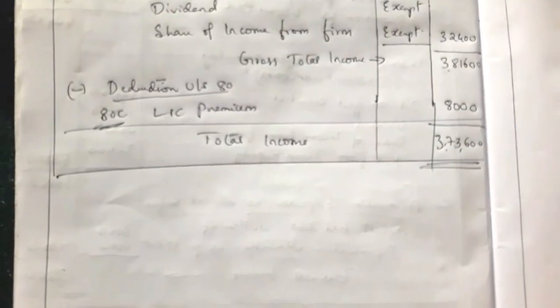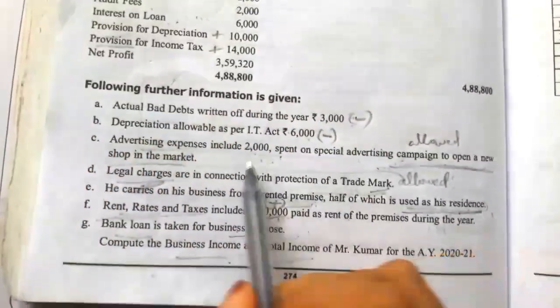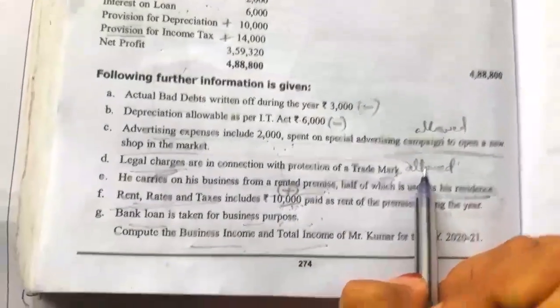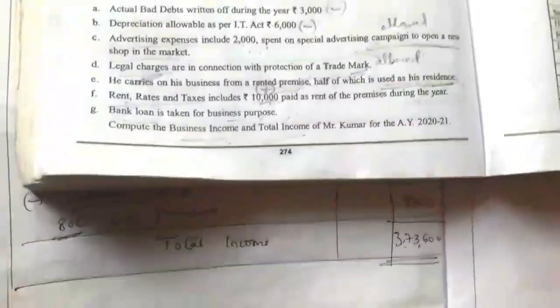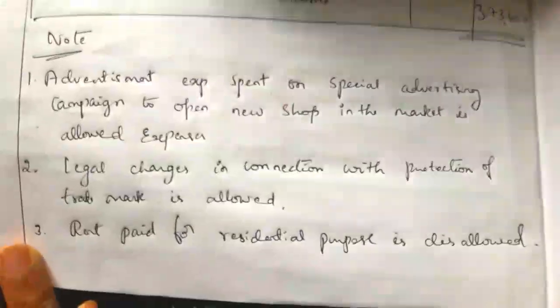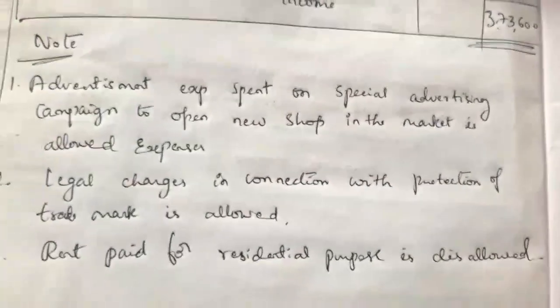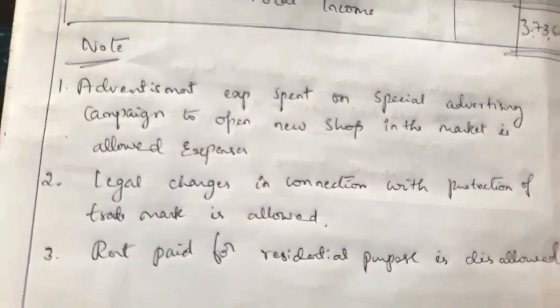So this is about the total income calculation of Mr. Kumar. Here we have not done any treatment for the two adjustments, advertisement expenses and legal charges, because they are allowed. Now you can write a note on advertisement expenses. Advertisement expenses spent on a special advertising campaign to open a new shop or a new branch in a market are allowed expenses.